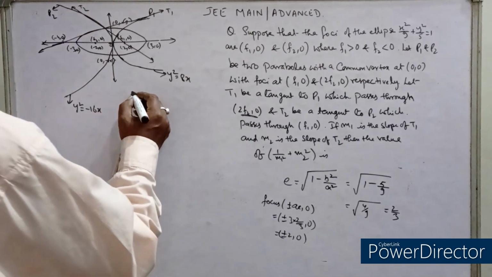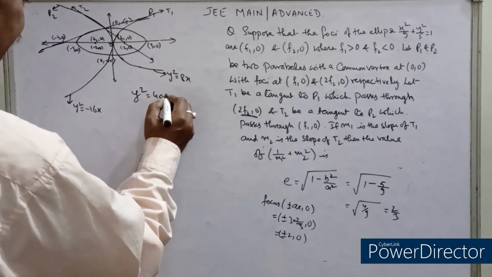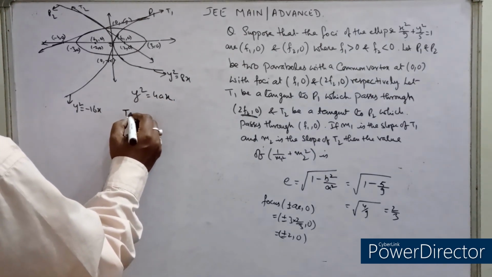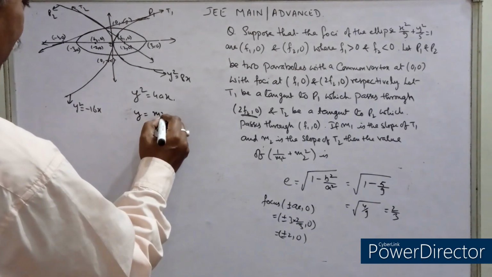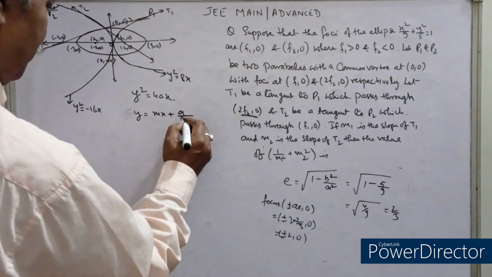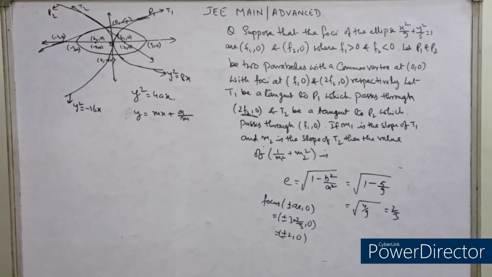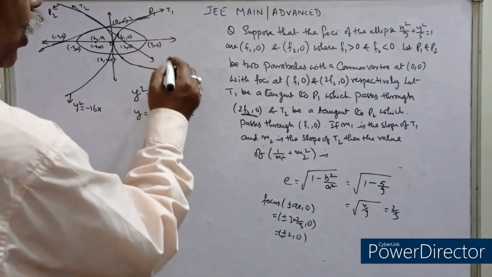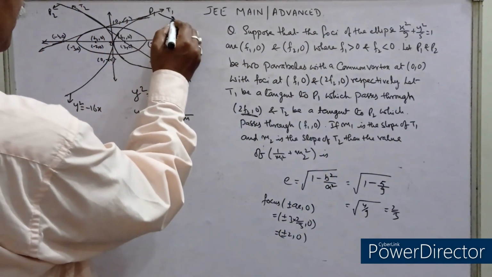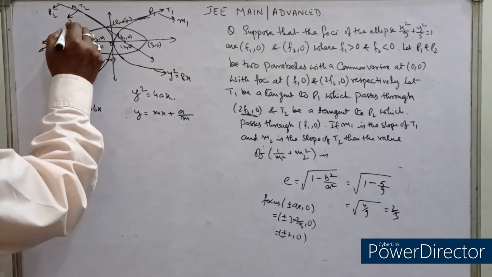So the theory is, if y square is equal to 4ax, the equation of the tangent is y is equal to mx plus a by m. So this is the equation of the tangent, and again it is given that m1 is the slope of T1. For T1 your slope is m1, and for T2 your slope is m2.